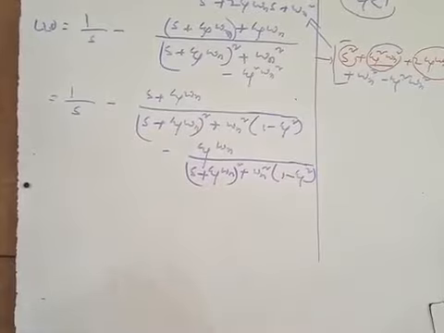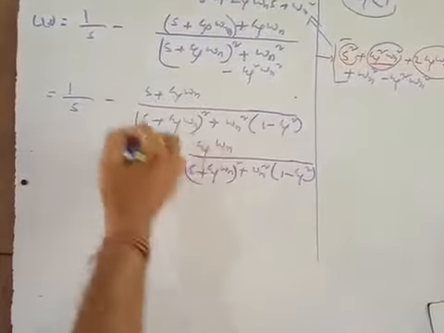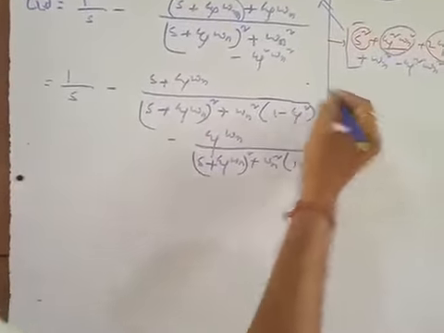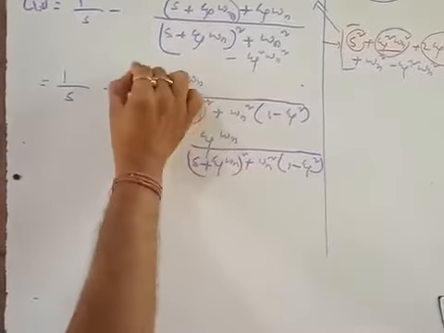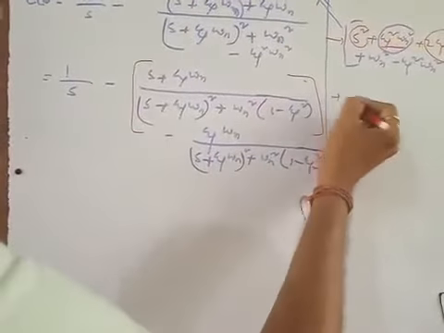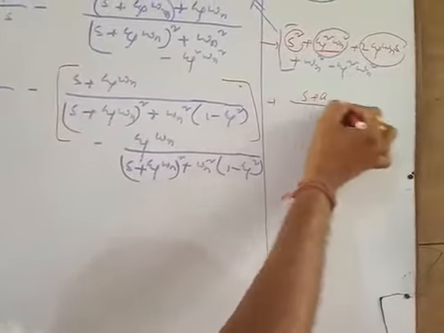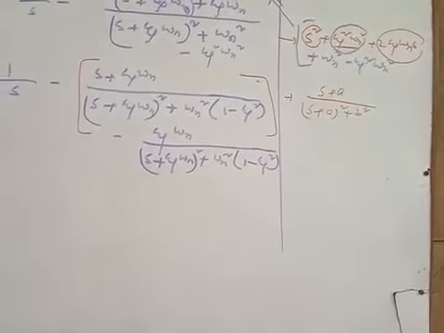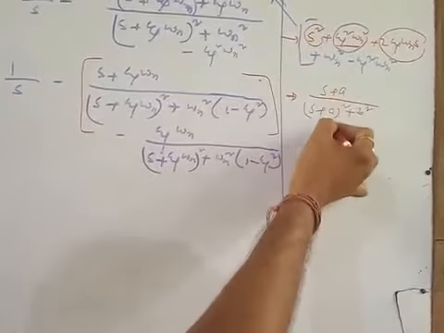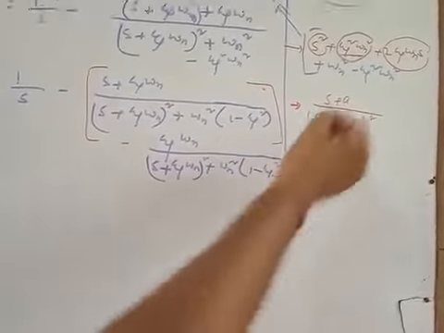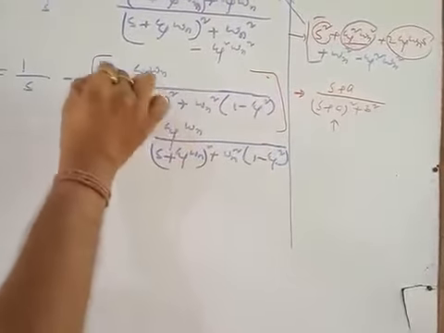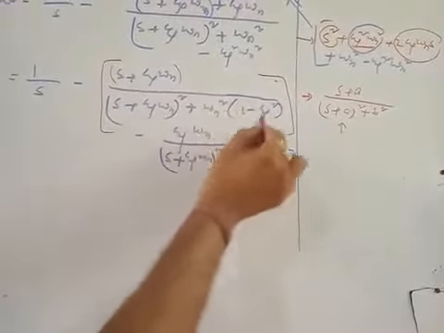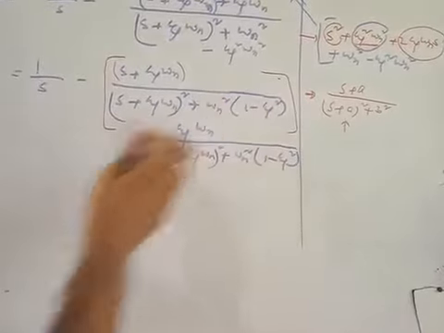Okay. Now is there any similarity with the standard form of Laplace transform? If you see only this term, the standard form is s plus a by s plus a whole square plus b square. This is the Laplace transform of a certain time domain function, right? So this term can be written as s plus a whole square plus b square, and this should be expressed in terms of b square.